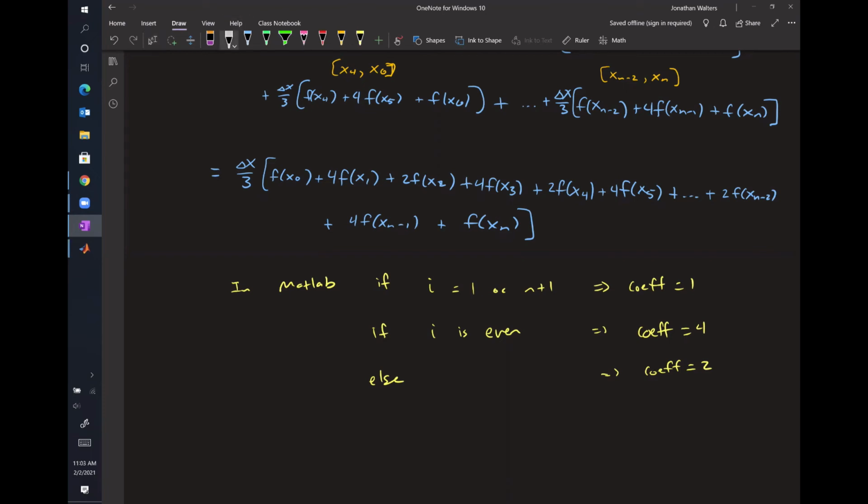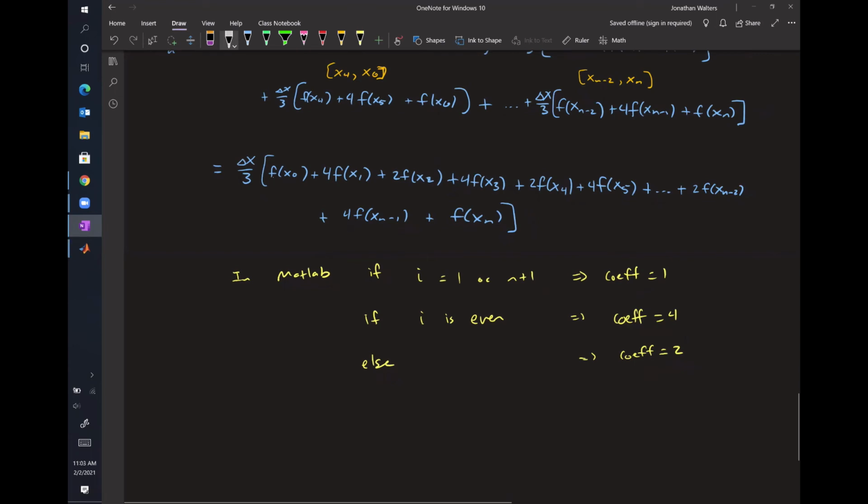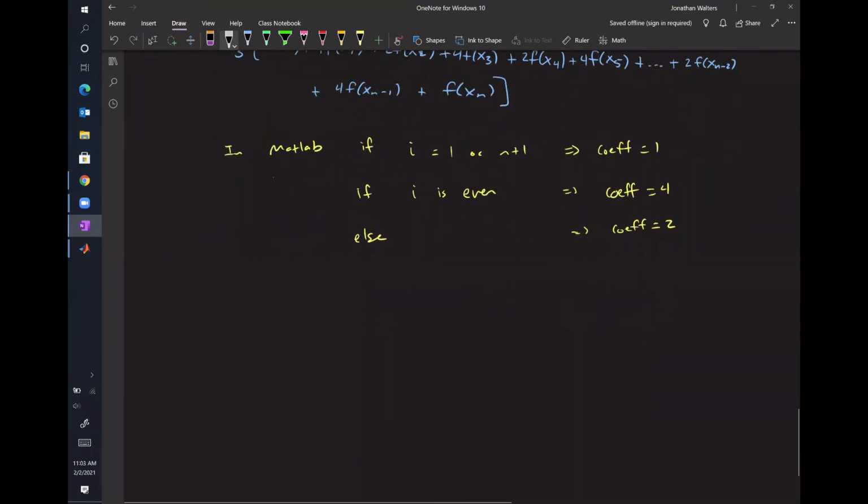All right, let's look at our example, e to the negative x squared from 0 to 2, but now use the Simpson's 1/3 rule, n equals 4. Okay. So example: use our Simpson's 1/3 rule to approximate the integral from 0 to 2 of e to the negative x squared dx.